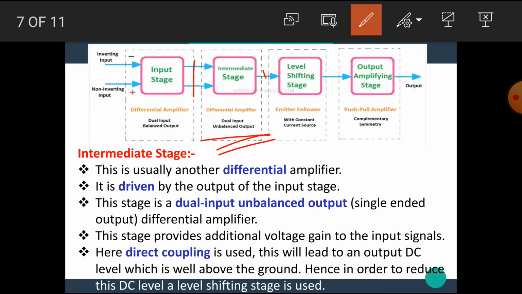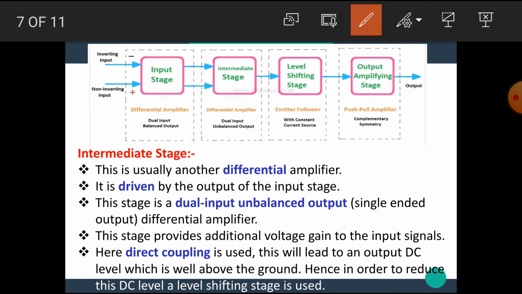This stage provides additional voltage gain to the input signals. Here the direct coupling between the first stage and second stage is used. This will lead to an output DC level which is well above the ground. Hence, in order to reduce this DC level, a level shifting stage is used.